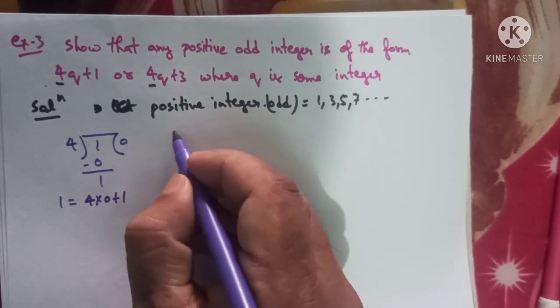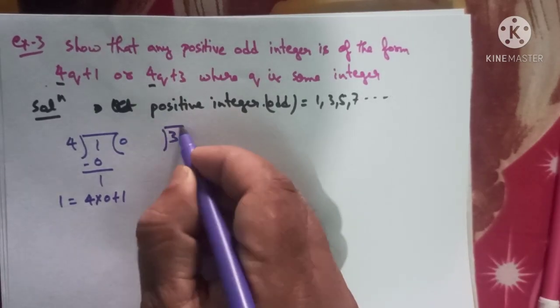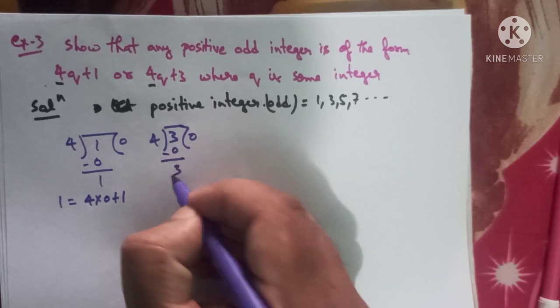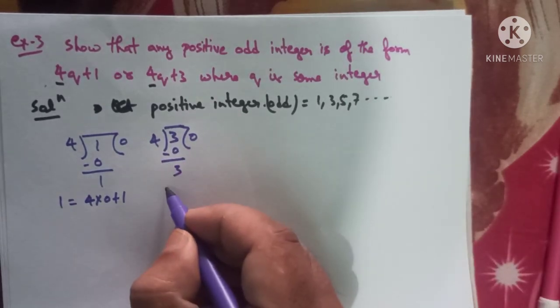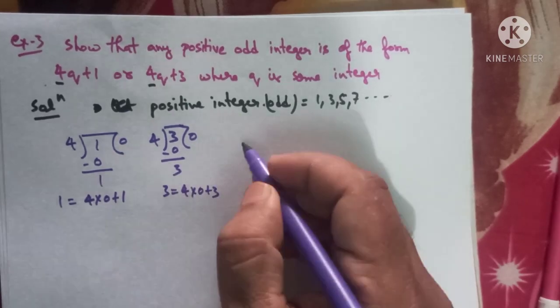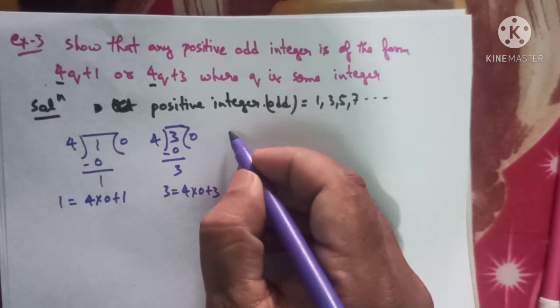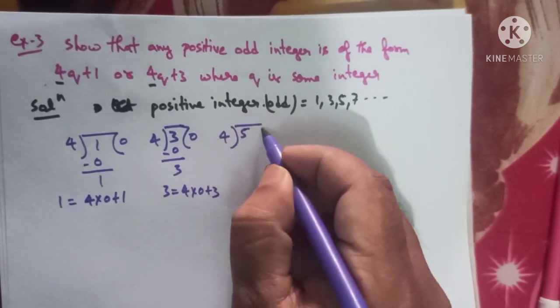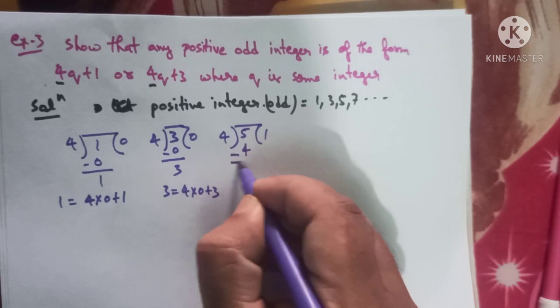Similarly, if we are dividing 3 by 4, then 4 zeros are 0, remainder is 3. So again dividend 3 is equal to divisor into quotient plus remainder. Similarly, if we are dividing 5 by 4, 4 ones are 4, remainder is 1.